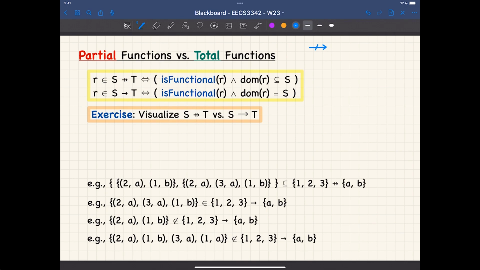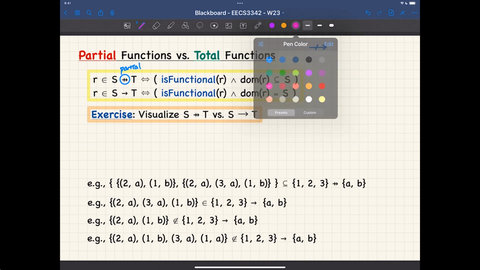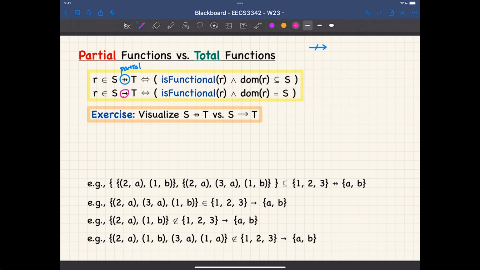Let's see. Both of them, let me just put here first. This is a partial function. And this guy here is a total function, syntactically. And both of them are functions, number one. You can see this part here, they share.